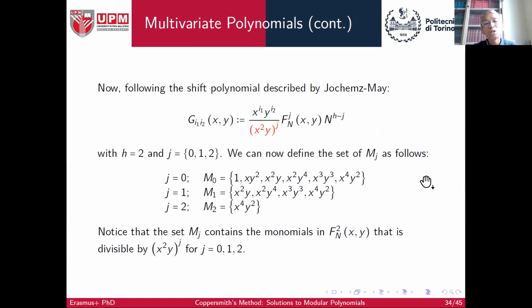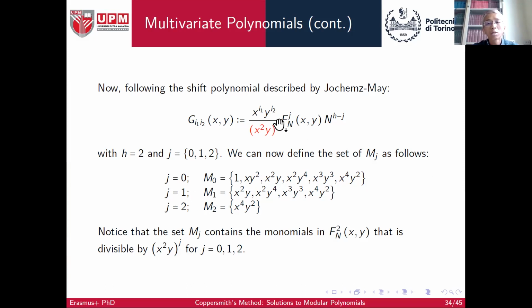The definition of this set of M_j depends on this term. If a monomial can be divided by this leading monomial term, then we collect it in that particular set. In this case, since j is 0, this denominator becomes 1. So every monomial in the original set can be sorted and grouped in the M_0 set.